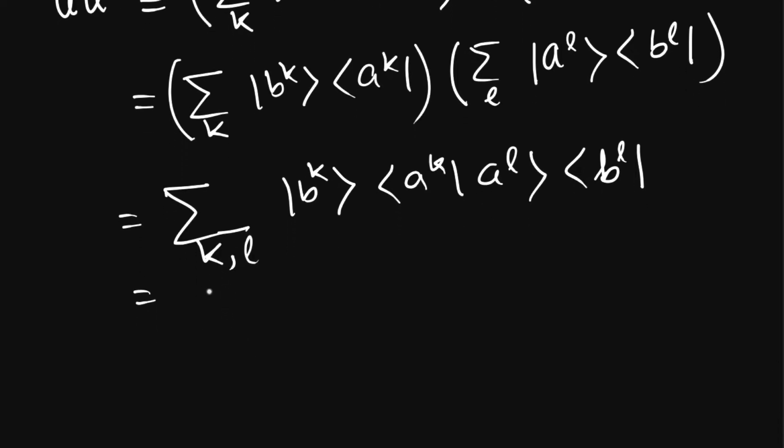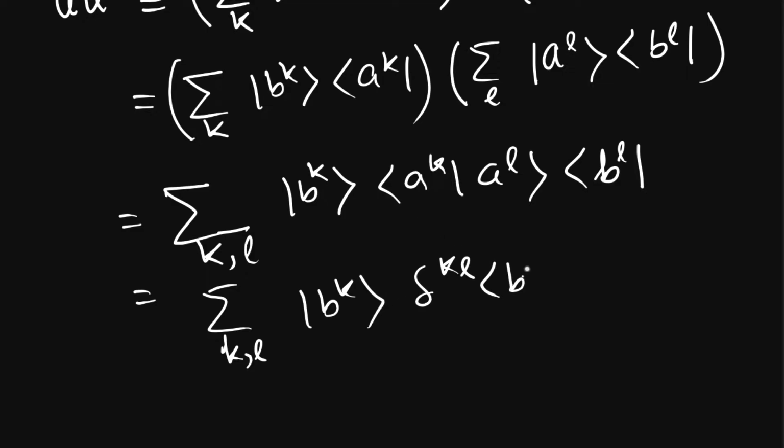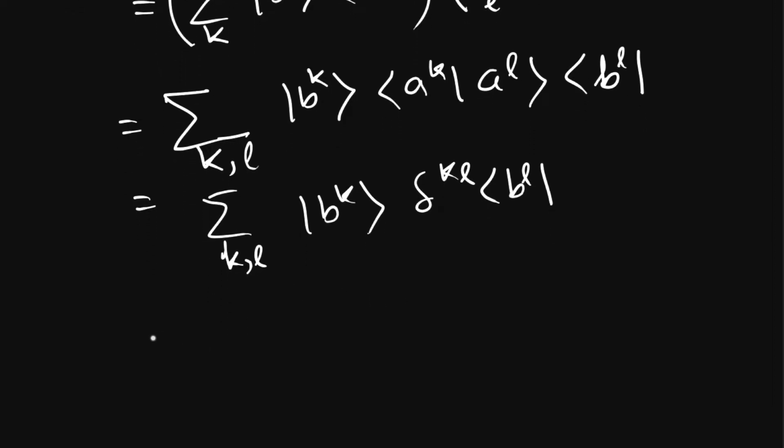That means summation of k comma l bk delta kl bl, which is nothing but summation of k bk bk.